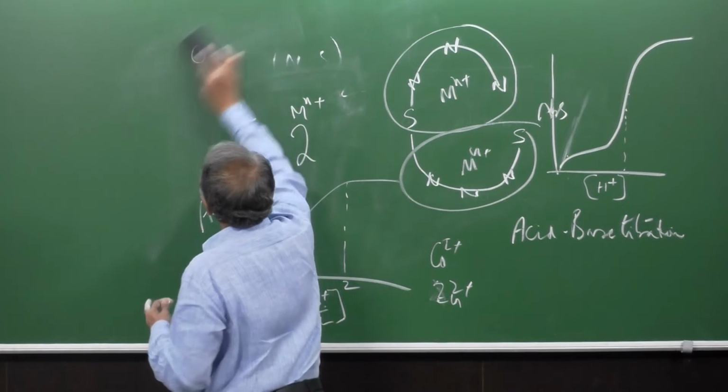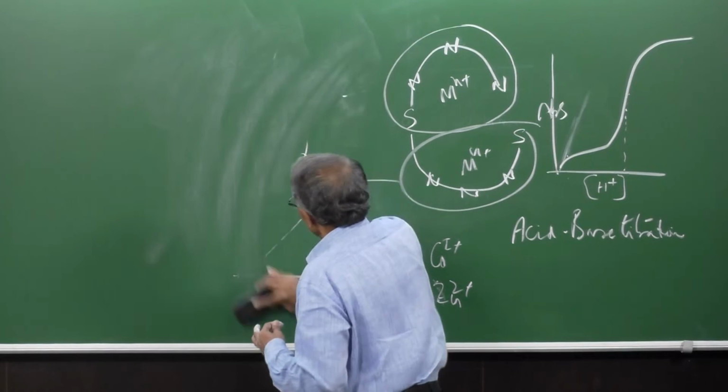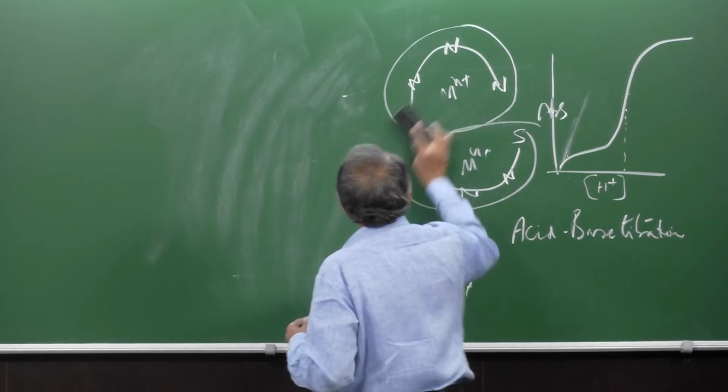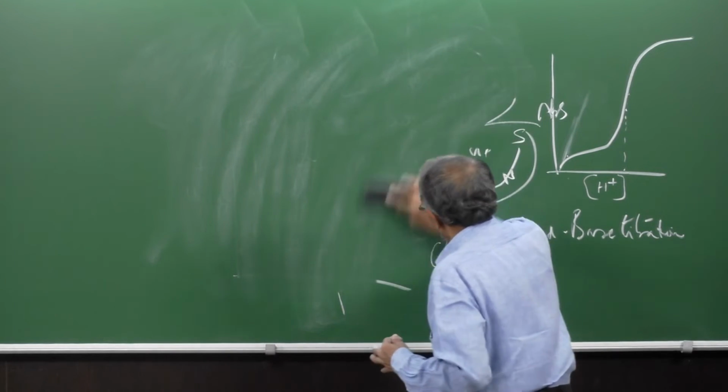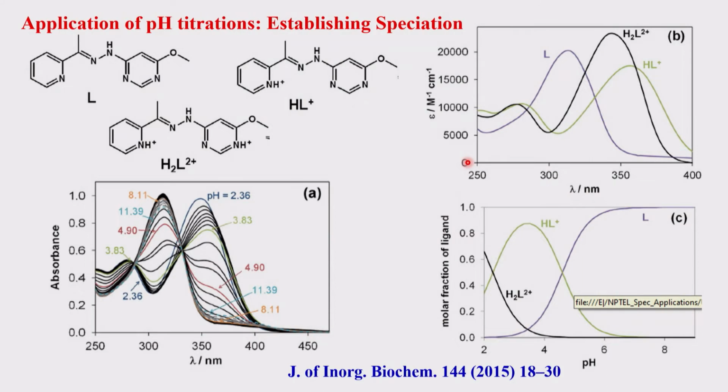So the speciation possibility can also be seen from the absorption spectrum. That is, you can have one protonated, two protonated, etc., and those corresponding species as well. Okay, so let us see the example over here. This is the main molecule referred to as L, and this can form one protonation here at this pyridyl group.